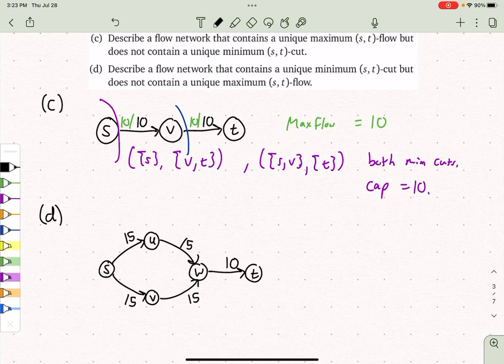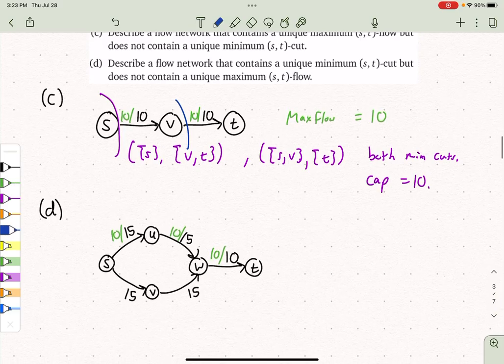So here, the max flow again, one option would be this. Another option, which is equivalent, would be this. And then these would have to be zeros, these would have to be zeros.